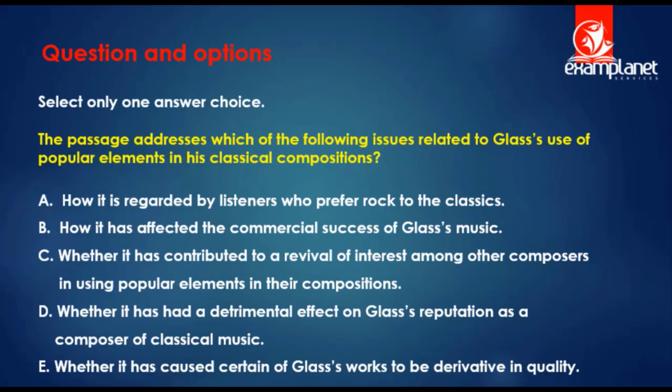Option D is also not the correct answer choice, because the passage has not discussed whether it has had a detrimental effect on Glass's reputation as a composer of classical music. But one thing it has done is address whether it has caused certain of Glass's work to be derivative in quality, and that you can see in the passage.